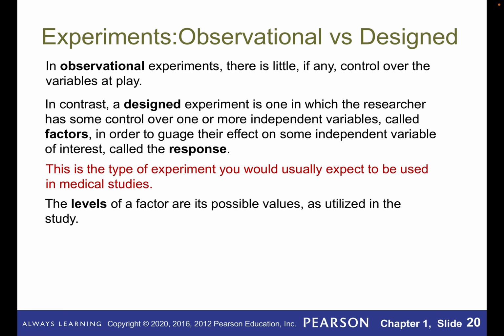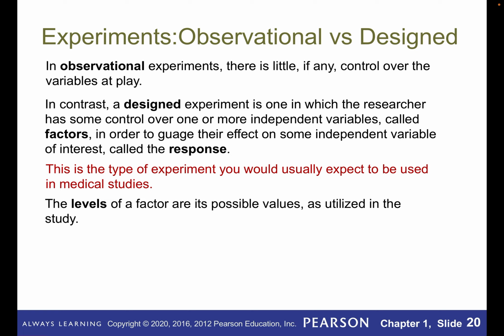We mentioned there's the response variable, which is the one we're trying to learn more about, and then we're looking at the effect of other variables, called the factors, on the response. The factors are the ones that we suspect have some effect on the response.